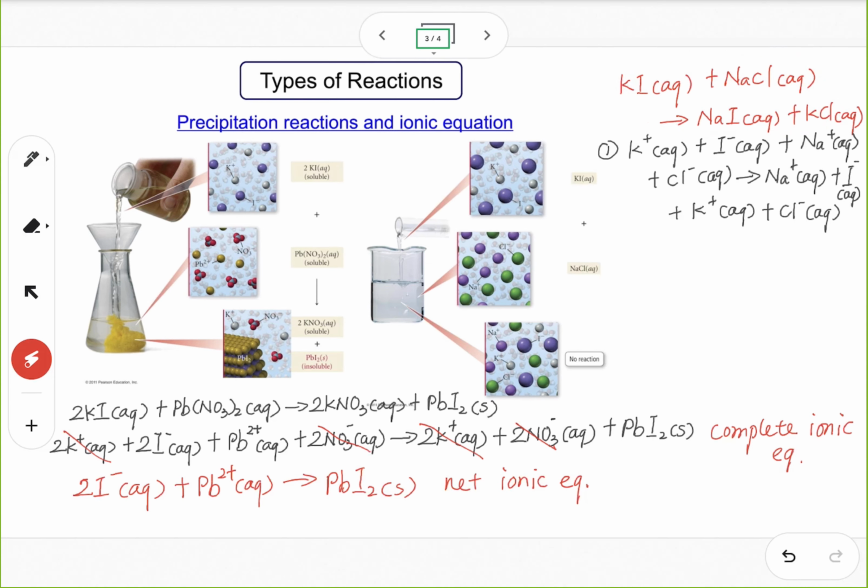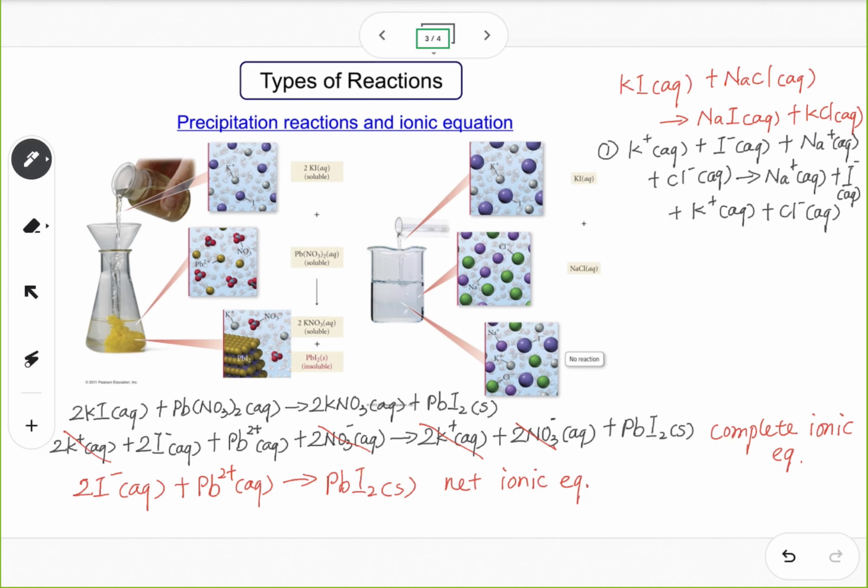Okay, so this is the complete ionic equation based on this chemical reaction. Now, if you double check the species that are identical on the two sides, well, you have potassium here, iodide here, sodium cation, chloride.